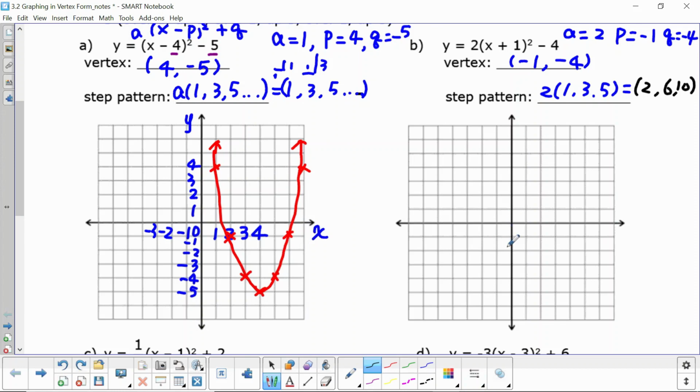We go by 1 again on the x and y axes. After that we find the points, always starting from the vertex, (-1, -4).